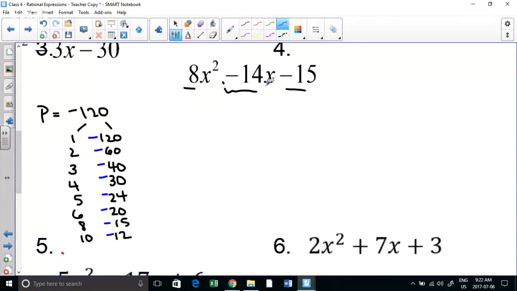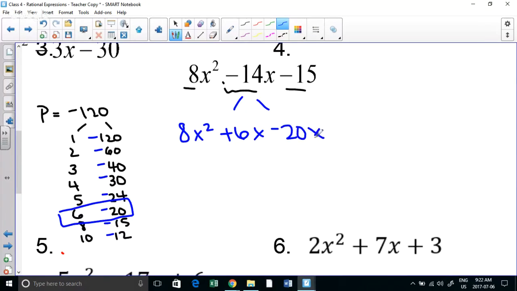Which factor do I need? I need the pair that's going to give me negative 14. What pair added together gives me negative 14? Well, this gives me negative 119. This gives me negative 58, negative 37, negative 26, negative 19, negative 14. So this gets split like this.